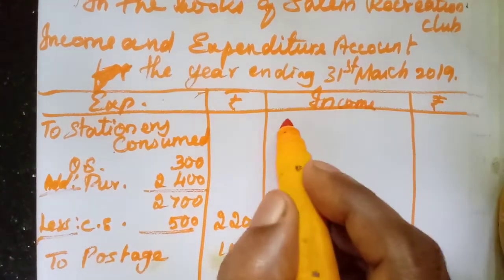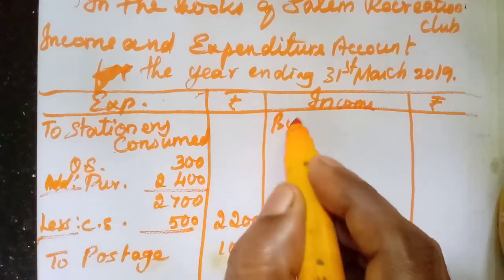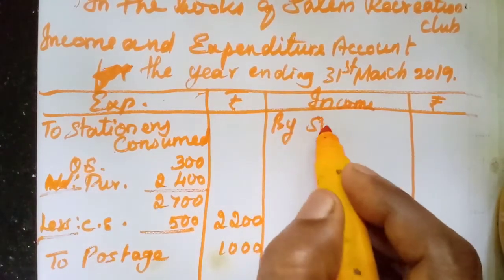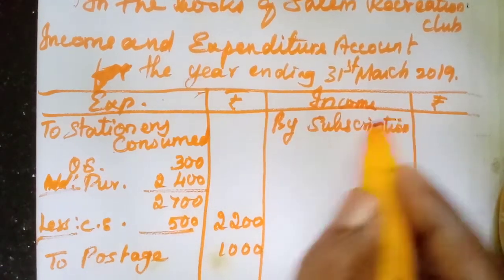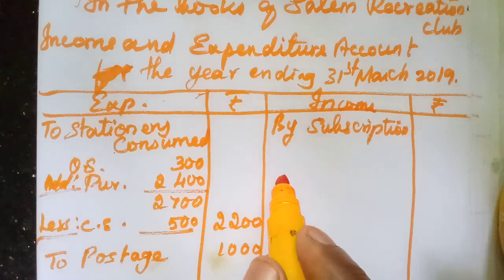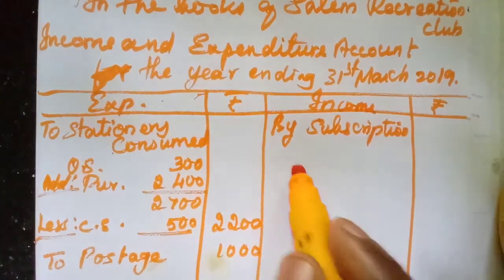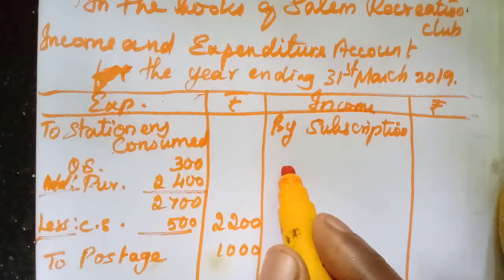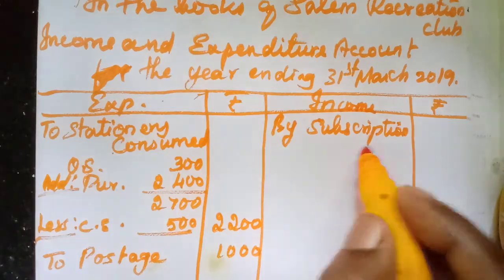The first one is subscription. By subscription. Subscription, 2 years given, isn't it? The current year is 18-19. That one only we need to take. Okay. By subscription, how much?